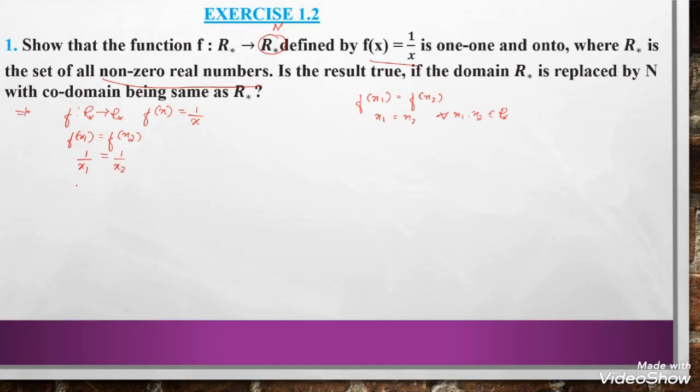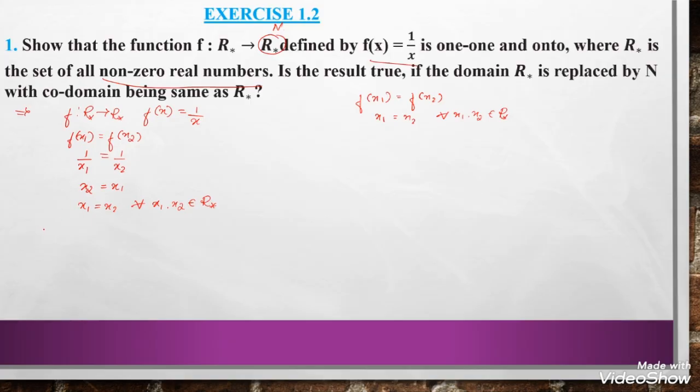Then take the cross multiplication: x2 is equal to x1, or else I can write x1 is equal to x2 for every x1, x2 belonging to the non-zero real numbers. If I take x equal to 0, then the function will not be defined. That's why I take the set of all non-zero real numbers.